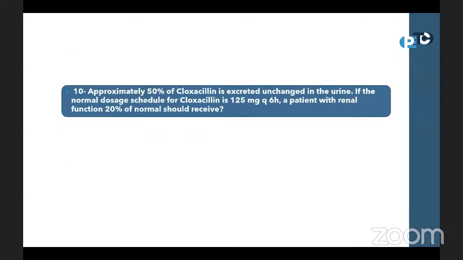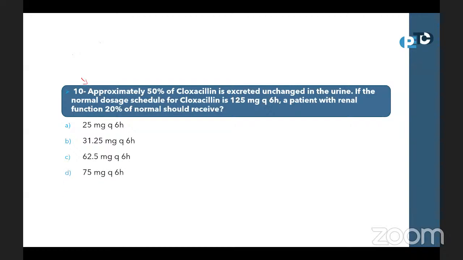Please pay your attention with me in this question. This is an important calculation. Approximately 50% of the drug is excreted unchanged in the urine. What is the meaning of this expression?